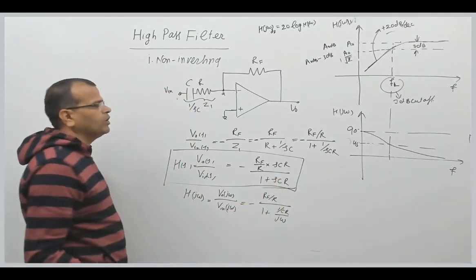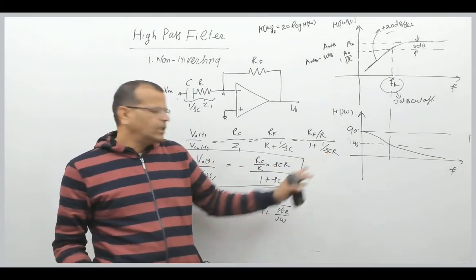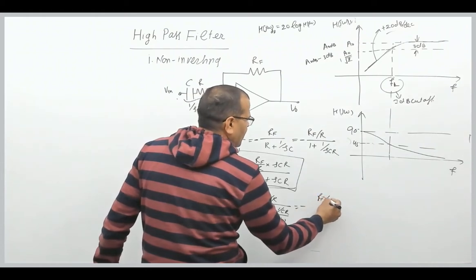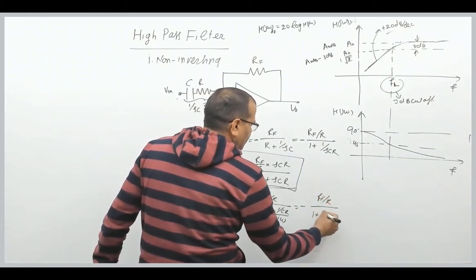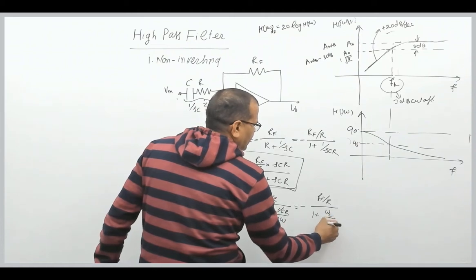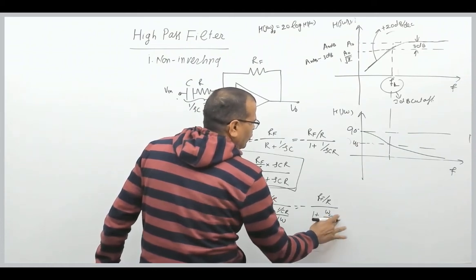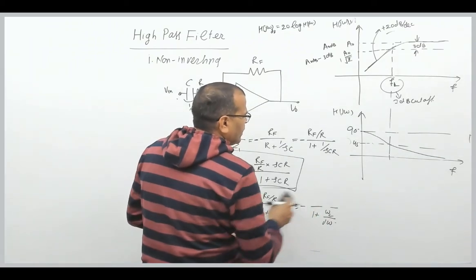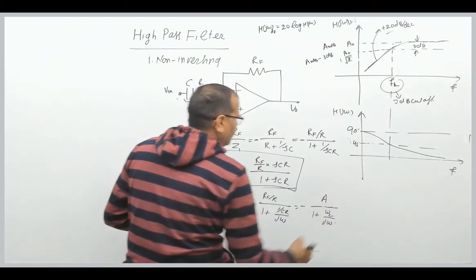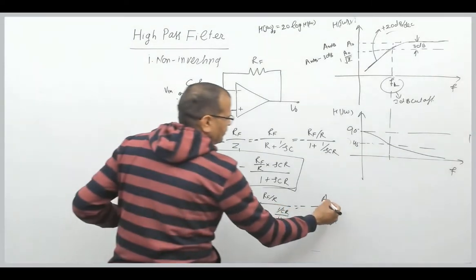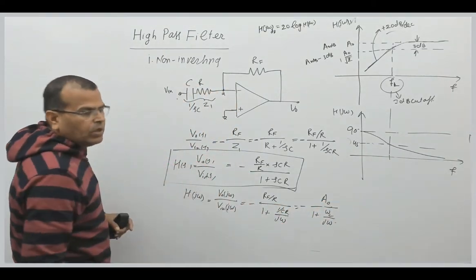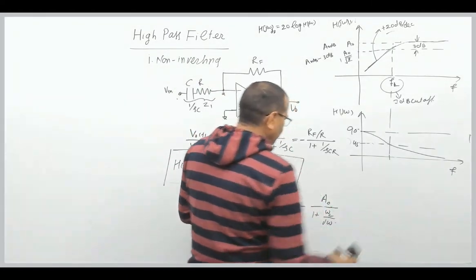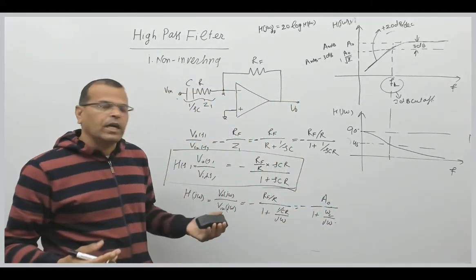I have replaced S by j omega in this equation. Or this can be written as minus RF by R over 1 plus omega L by j omega, and I can write this like the earlier case, with A naught here. So the transfer function for this filter is what we discussed in the earlier case.